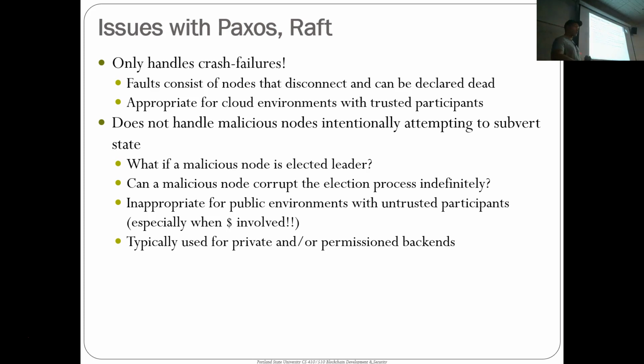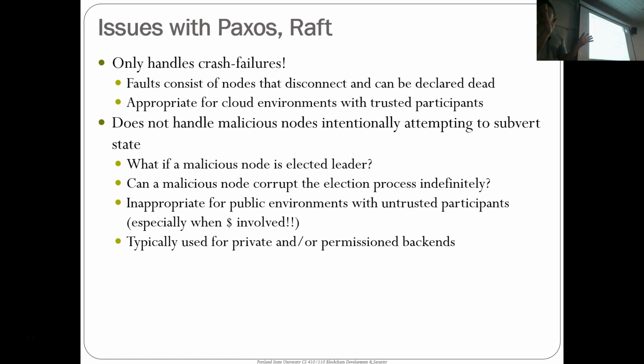I mentioned you elect a leader when the leader crashes. What happens if I've gotten into your system and I want to prevent you from making progress by corrupting the election nonstop?